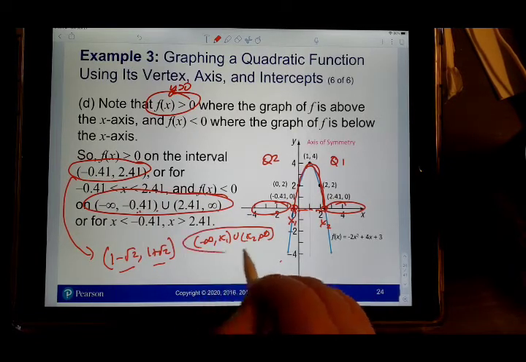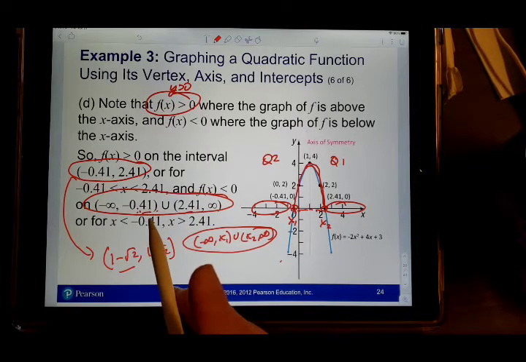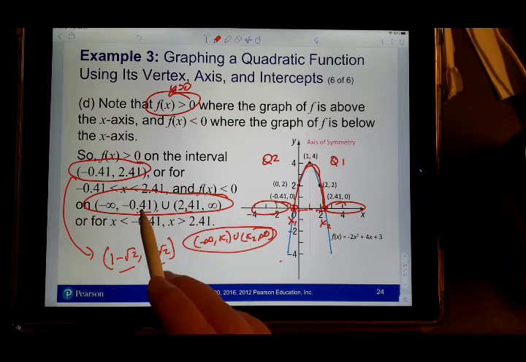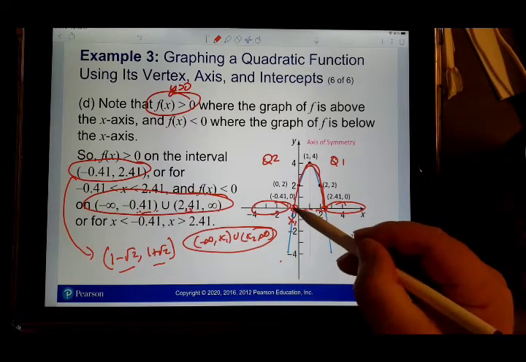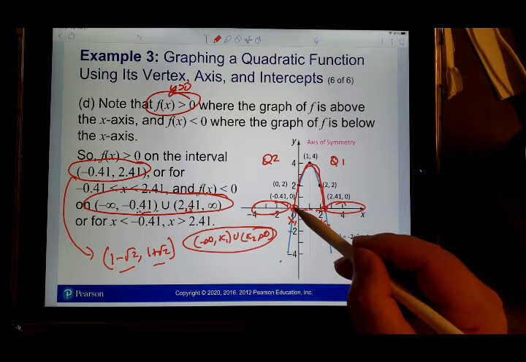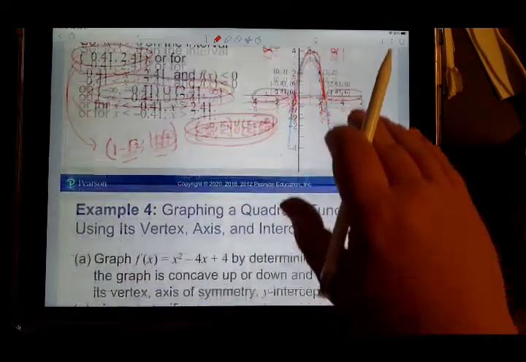Now I'm not writing this down so you memorize it, but I'm just saying that it's no coincidence that these were answers to a different question as well. These were the intercepts. The intercepts tell us the breaking point between the graph being positive and the graph being negative, and that's because at the intercepts the graph is equal to 0.